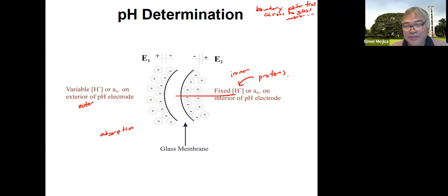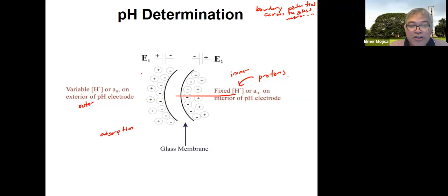This is fixed, constant, and this is variable. So any concentration difference produces a potential difference that we measure with a pH meter.